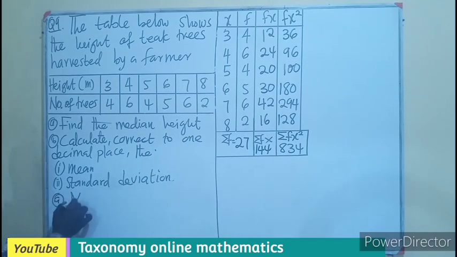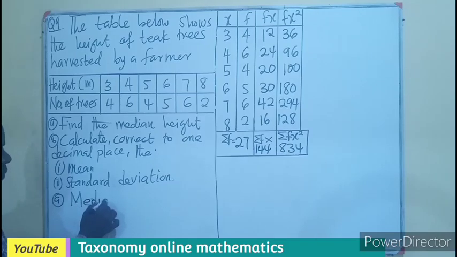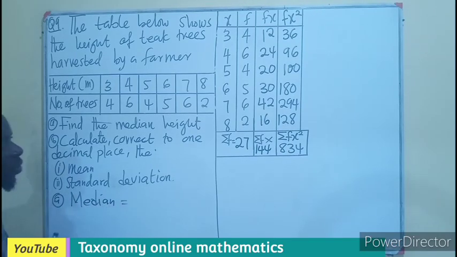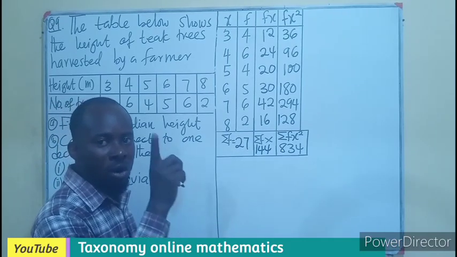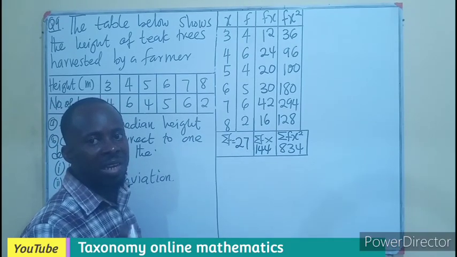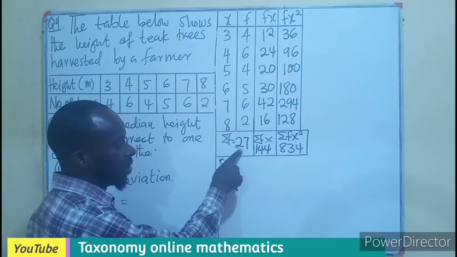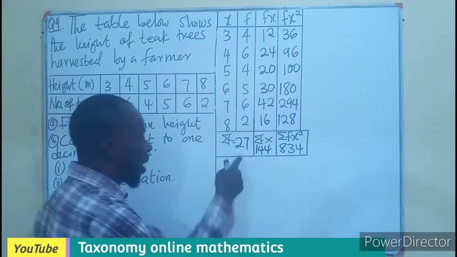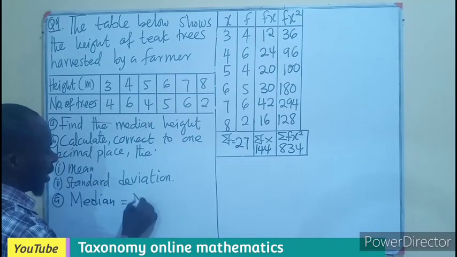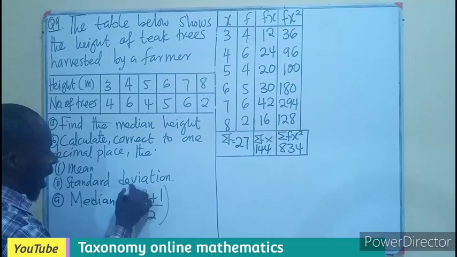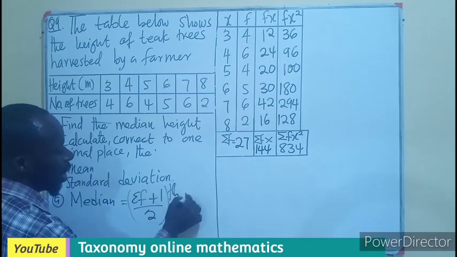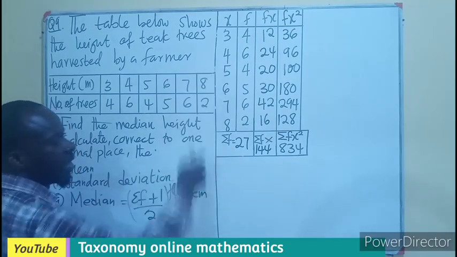We know the median is based on whether our sigma f is an odd number or an even number. In this case, it is an odd number, so we are going to find the sigma f plus 1 over 2 item on the table.